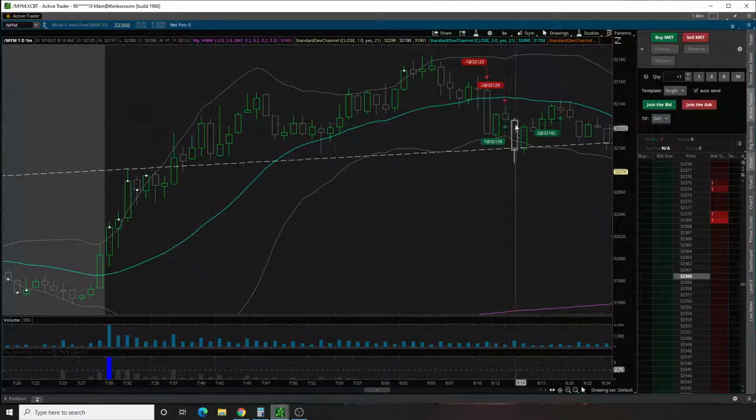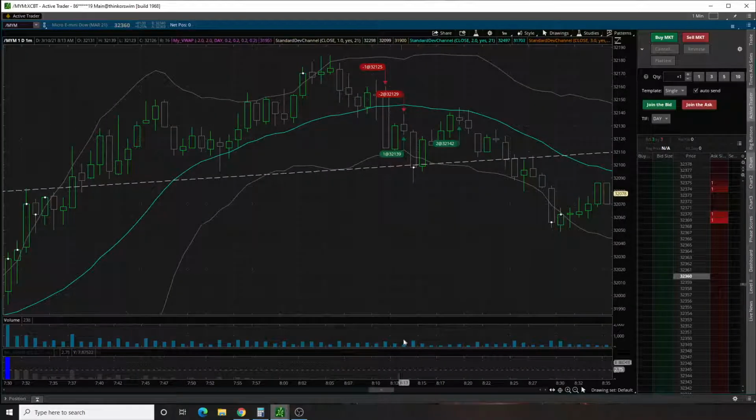Shorted two more at 29, put my stop at 42 and got stopped out by 2 ticks. And then price did move down into the area where I was going to cover. So I lost about $20 in the micro Dow, and 6 contracts traded, so about $10 in commissions.